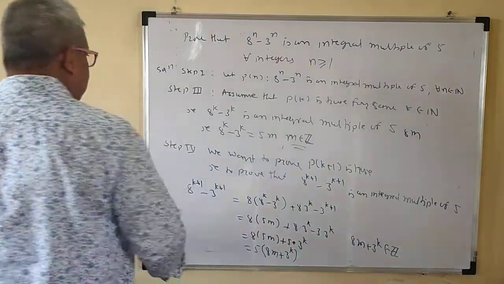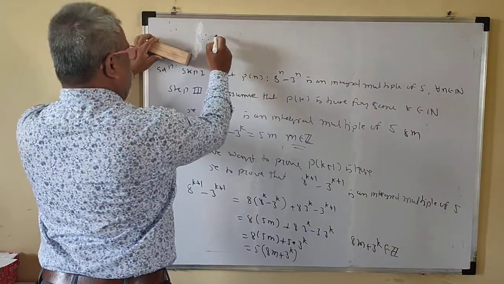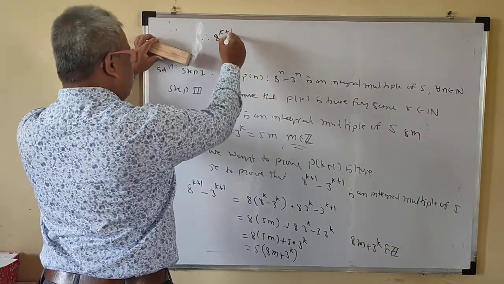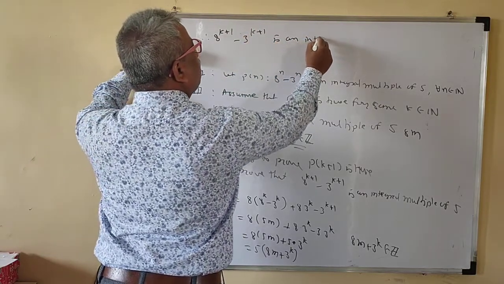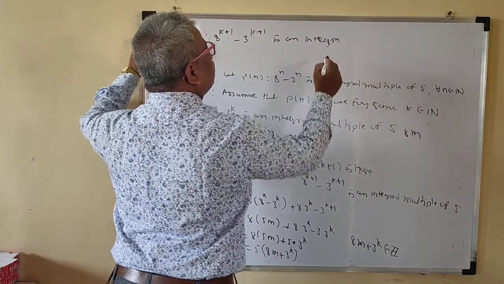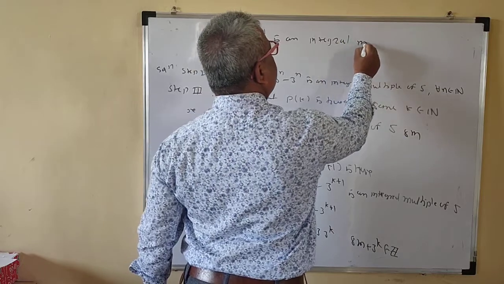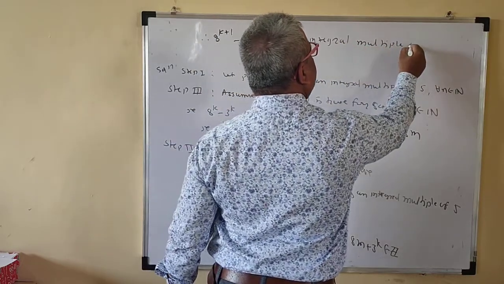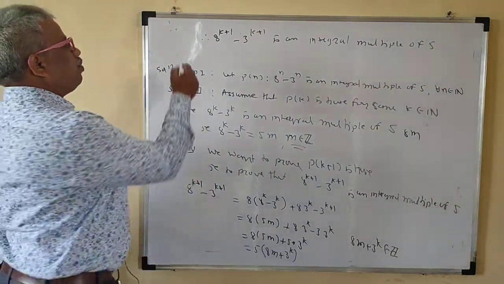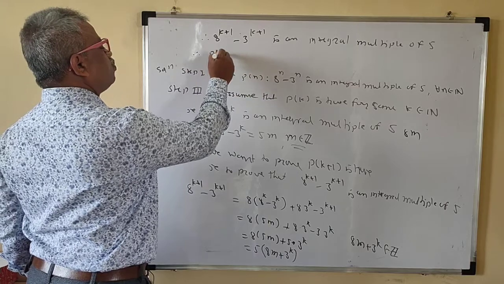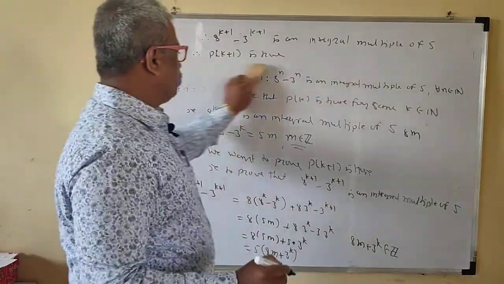So therefore 8 raised to k plus 1 minus 3 raised to k plus 1 is an integral multiple of 5. So therefore P(k plus 1) is true.